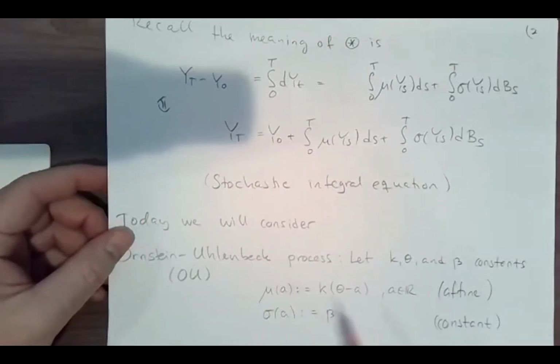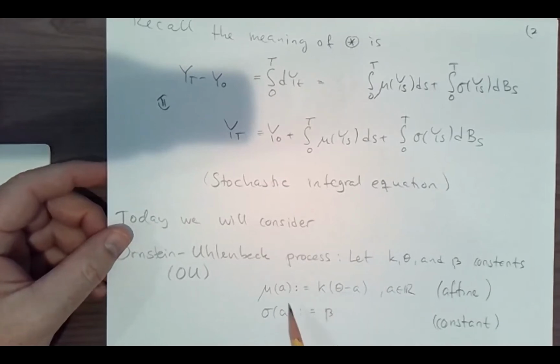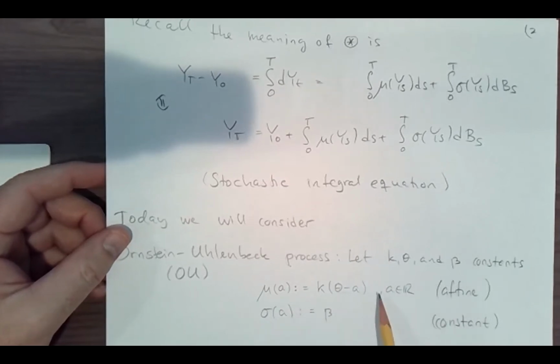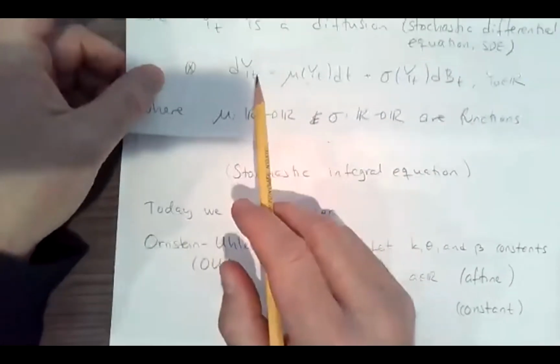That's the Ornstein-Uhlenbeck process. It has a constant drift, a linear drift in a, and it has a constant volatility.